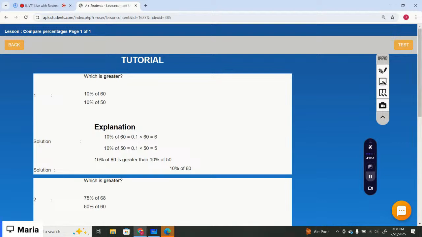You have to evaluate the percentages. 10% of 60 is 6 and 10% of 50 is 5. So 6 is greater than 5. That means 10% of 60 is greater than 10% of 50.